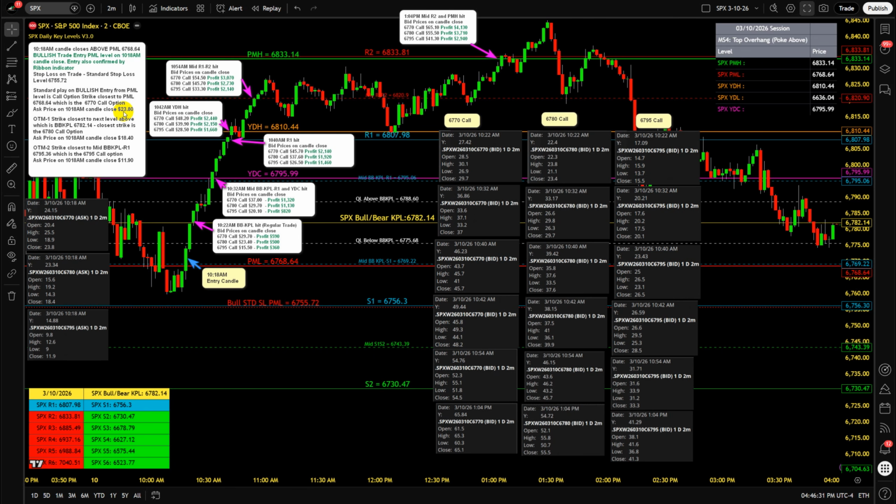Then the idea is to keep managing the trade level to level as the trade continues to move in your favor. If it keeps trending in your favor, moving up to the other key levels, and then as it moves to each next key level, and each next key level in the case of a regular trade is either going to be, after it meets the minimum threshold, either a main key level or a contextual level or a midpoint level, not any QL levels.